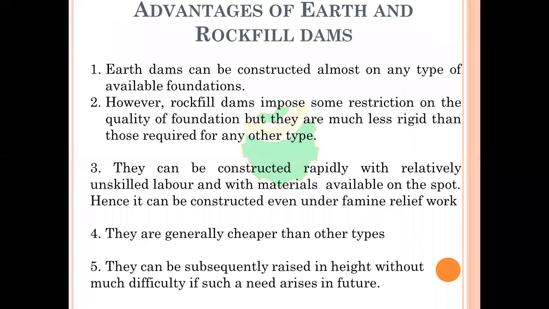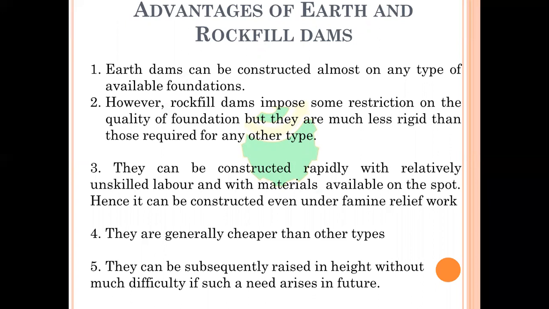What are the advantages of earth and rock fill dams? Earth dams can be constructed on almost any type of available foundation. However, rock fill dams impose some restriction on the quality of foundation, but it is much less rigid than that required for any other type.